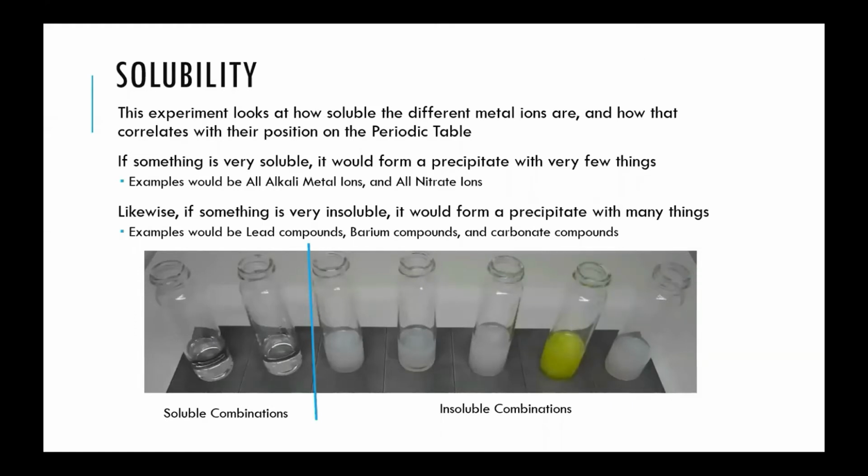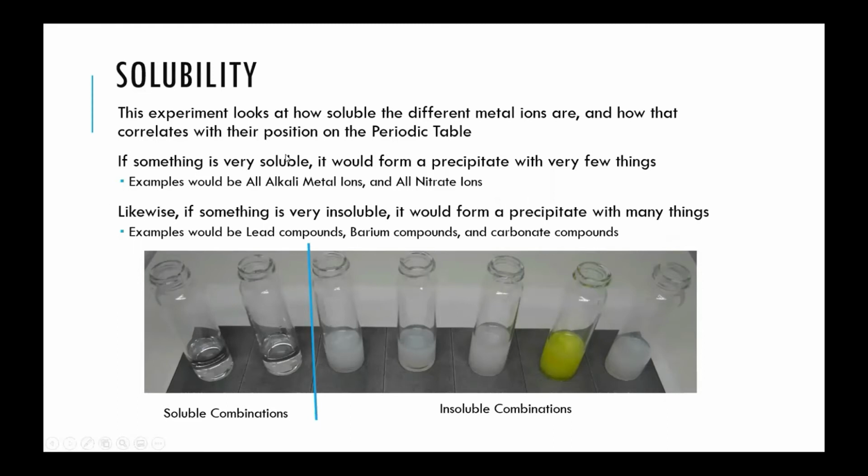Experimentally, you can look at how soluble a compound is based on performing a number of different reactions. And that's what this experiment looks at, performing a number of different reactions and seeing how soluble something is.